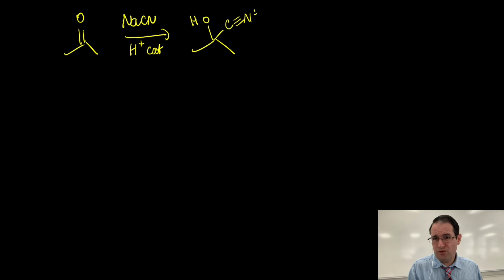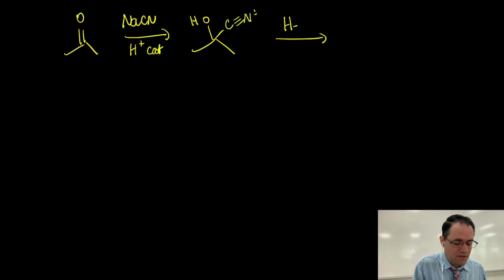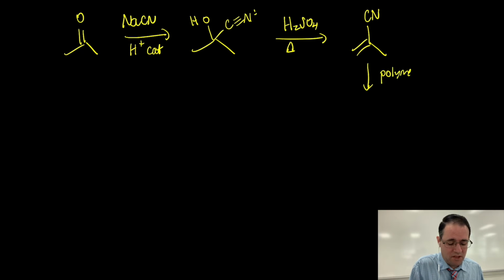It's a nitrile or a cyano group there. And what you can do is treat this with acid and a bit of heat to dehydrate. And so what you form is this here. And you can polymerize this to make nitrile gloves, for example.